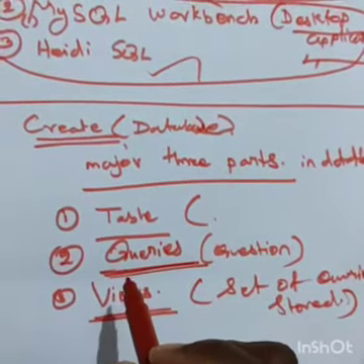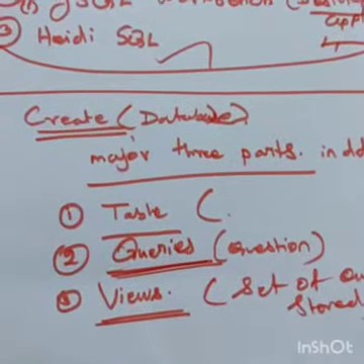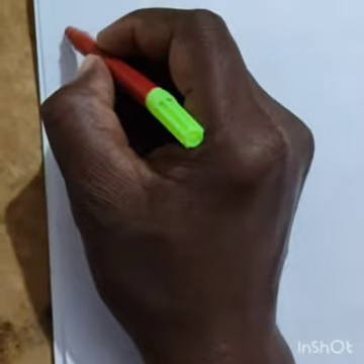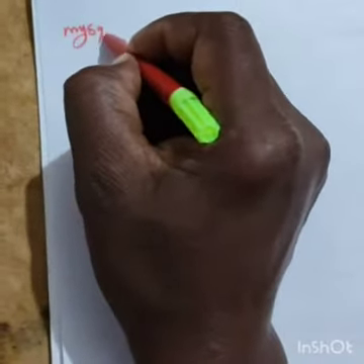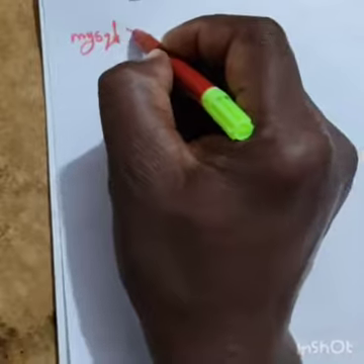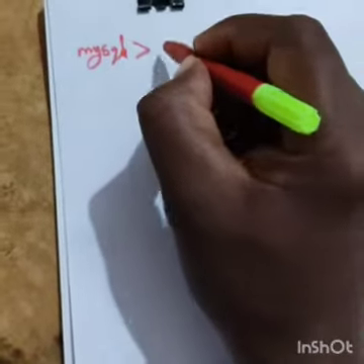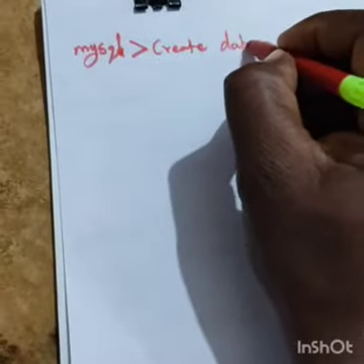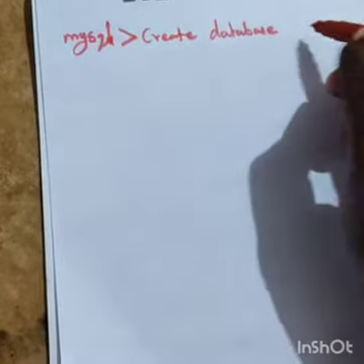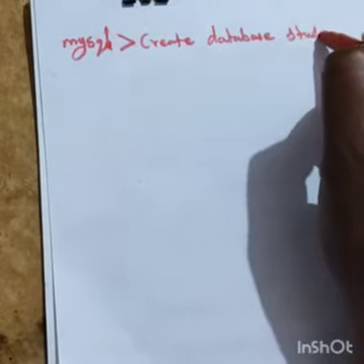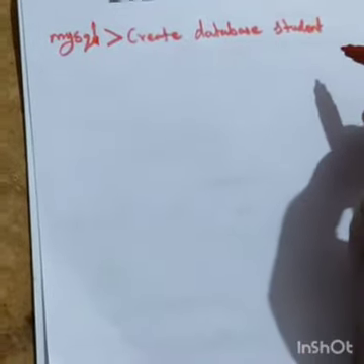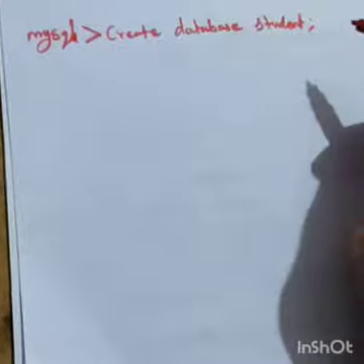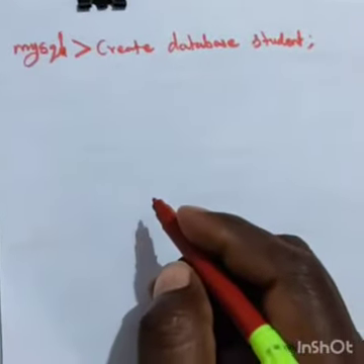Listen to me. Okay students, first, how to create one database: open your MySQL prompt, then type create database student, then semicolon, finished.